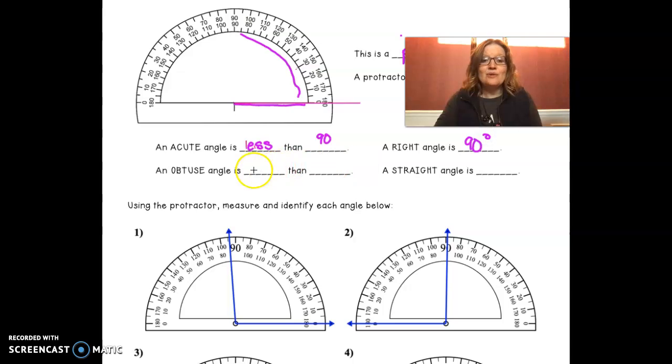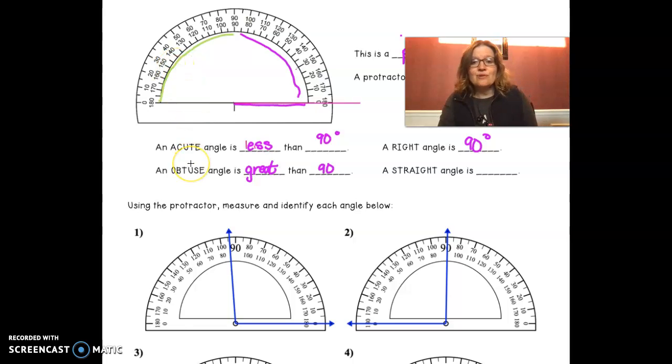Now, an obtuse angle is greater than 90 degrees. So if we were to shade this, any line that goes from here over to here, we would view as obtuse.